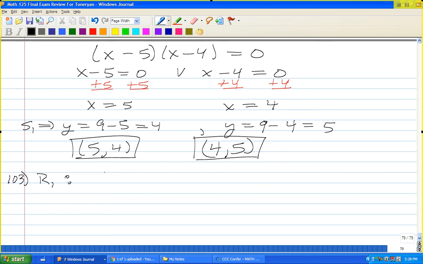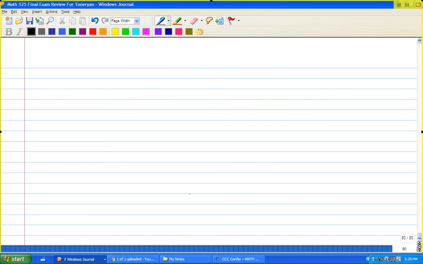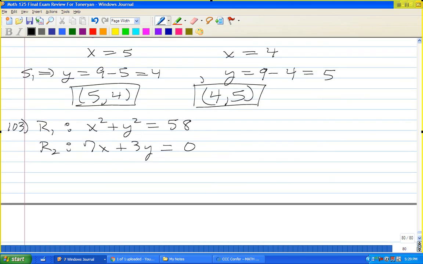x squared plus y squared equals 58. 7x plus 3y equals 0. So, let's solve for y, I guess.